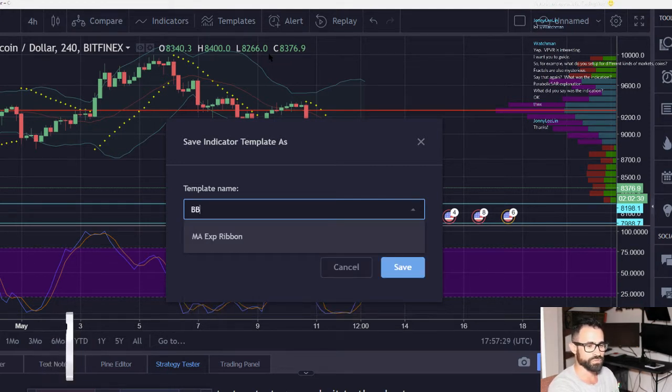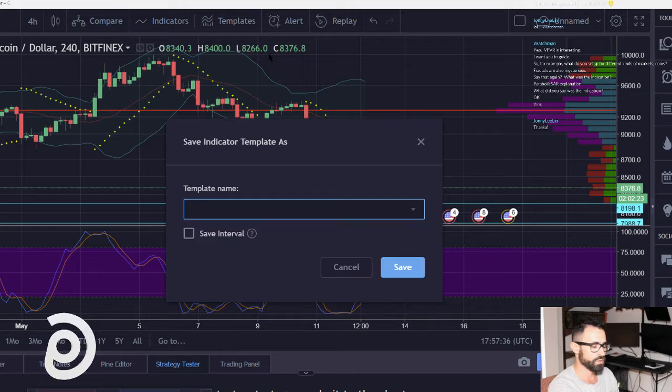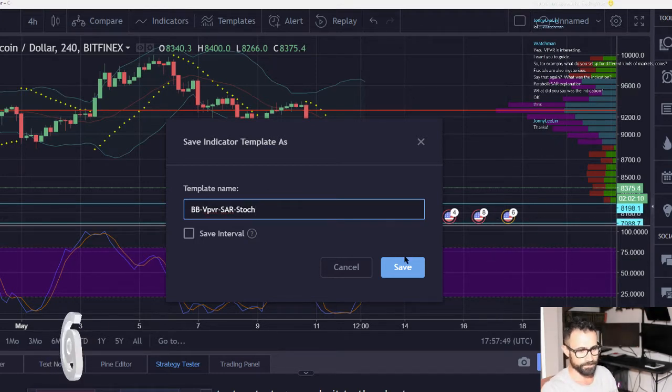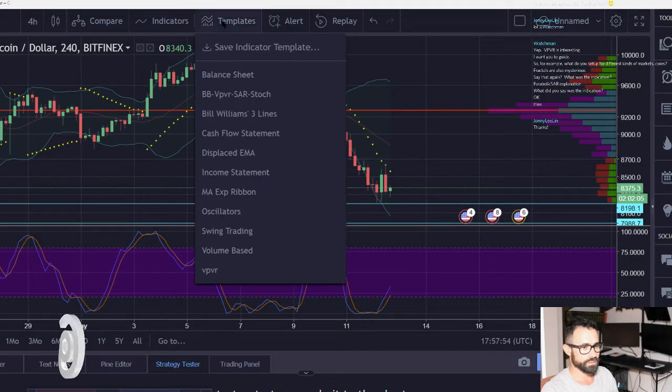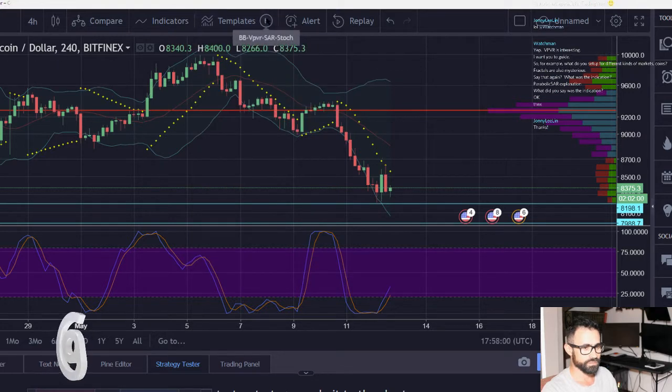So we're going to do Bollinger Bands, VPVR, PSAR, and you can use dashes, just so you know what you're going to be looking at. And you can always make it a favorite, so now it's easy access.